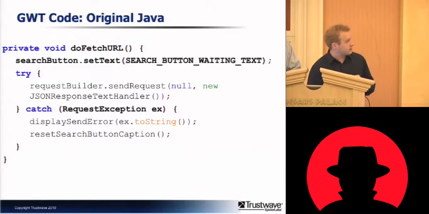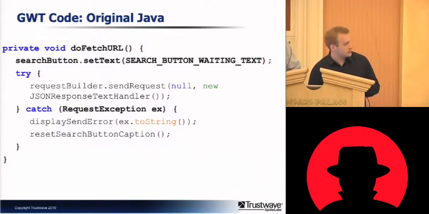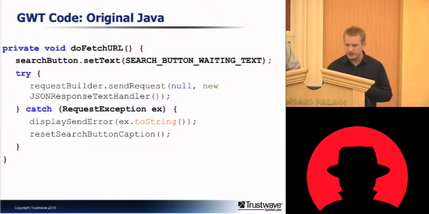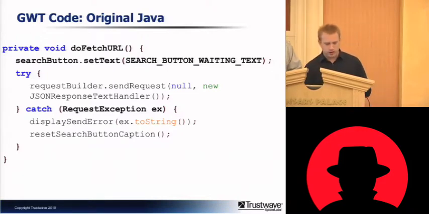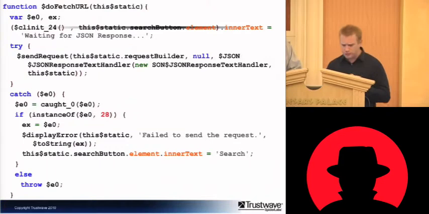Its intent is fairly clear: set the text on a search button to a predefined constant, and send a JSON request. If the request throws an exception, display it to the user and then reset the search button text. So let's move forward, and this is what the code looks like after it's been compiled to JavaScript with the pretty code style.